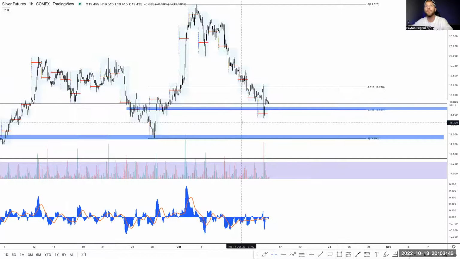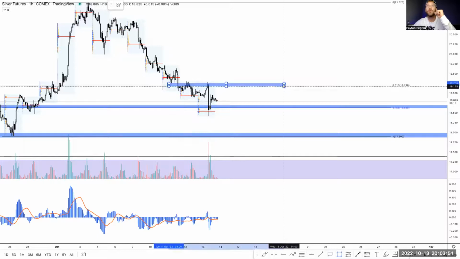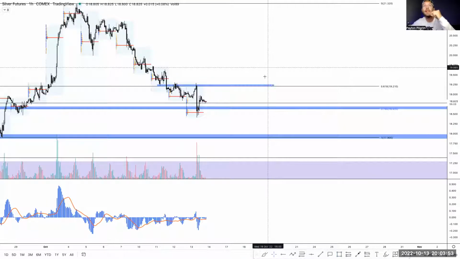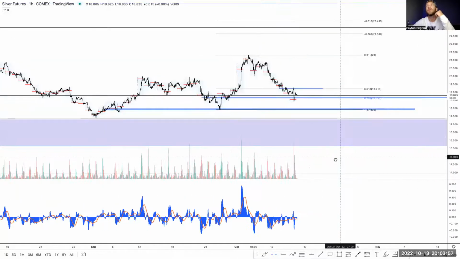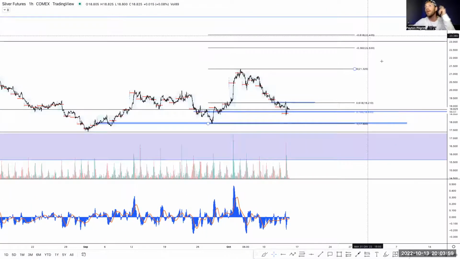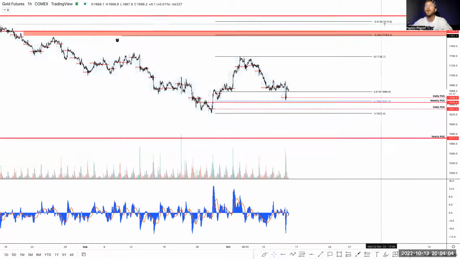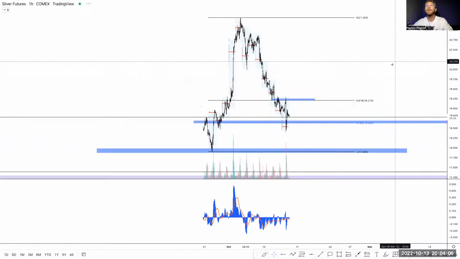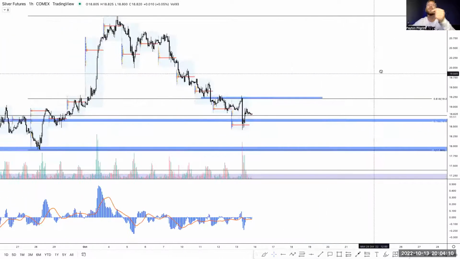We'll delete it. But I'm going to say the same thing. I want it to break some bullish structure on the lower time frames, because if it's going to truly swing all the way up to 23, and if gold's truly going to swing all the way back up to 18, then there's going to be some bullish structure that needs to be created first.